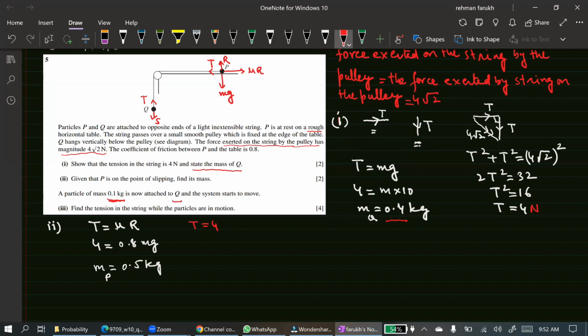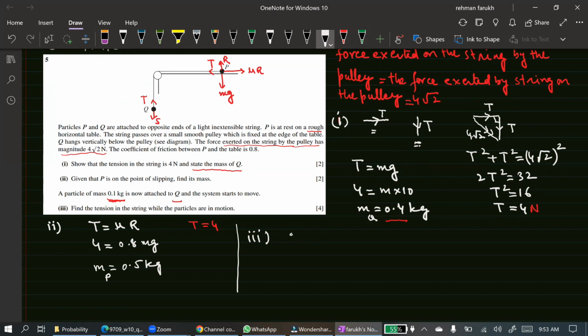Now for part number 3, particle Q will move downwards.